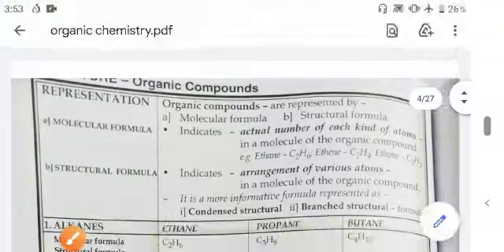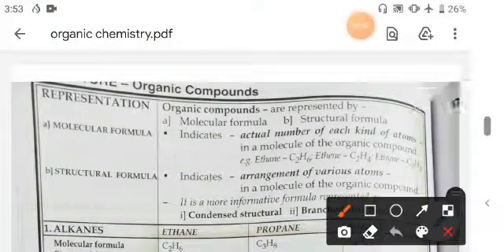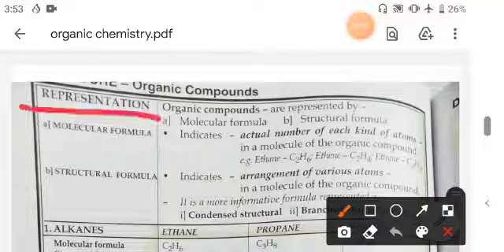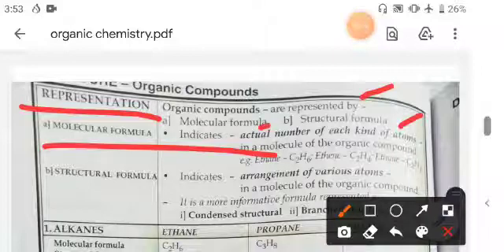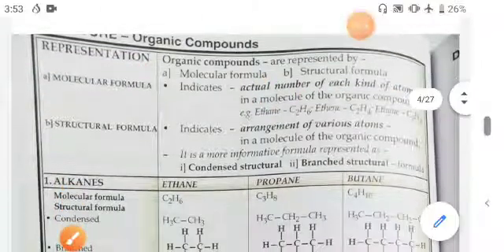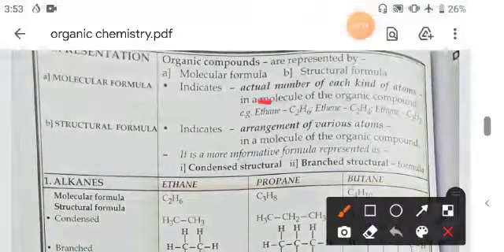Now, how they are represented. Organic compounds are represented by molecular formula and structural formula. The molecular formula indicates the actual number of each kind of atoms in a molecule of an organic compound, for example ethane, ethyne, ethene.